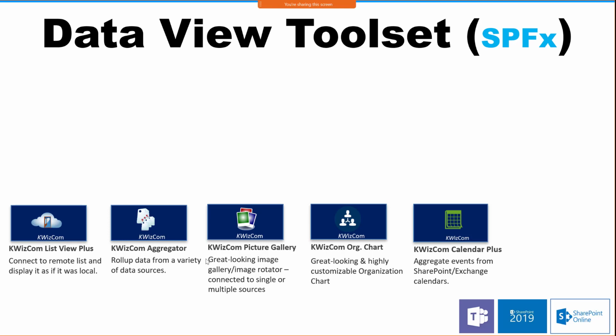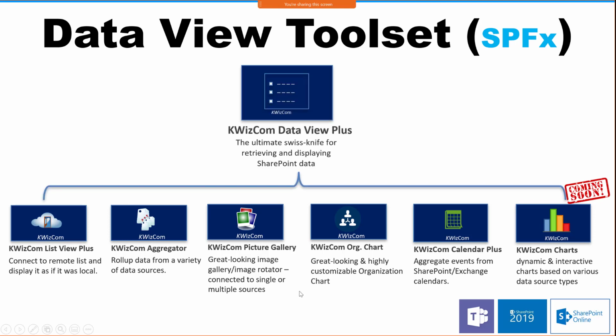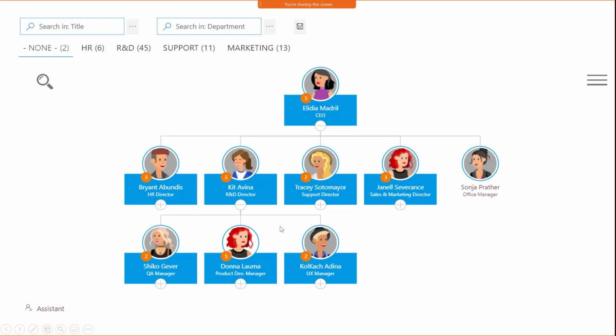You can see the calendar and the org chart. We have an upcoming chart web part, which also belongs to this family. And we also have the data view plus web part, which is actually a superset of all these web parts that you see.